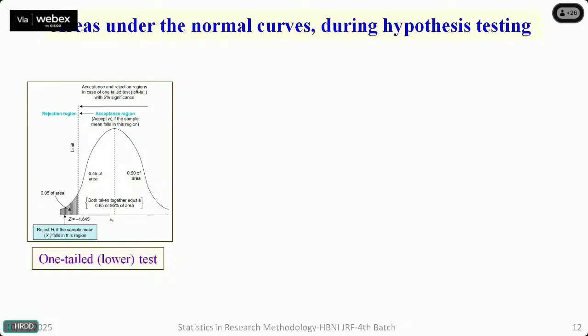Now that you might have seen this figure, yesterday also a similar figure we had seen while discussing the standard normal probability distribution. Here you can see that the lower portion is shaded with black lines, which corresponds to a Z value of 1.6, less than 1.645.